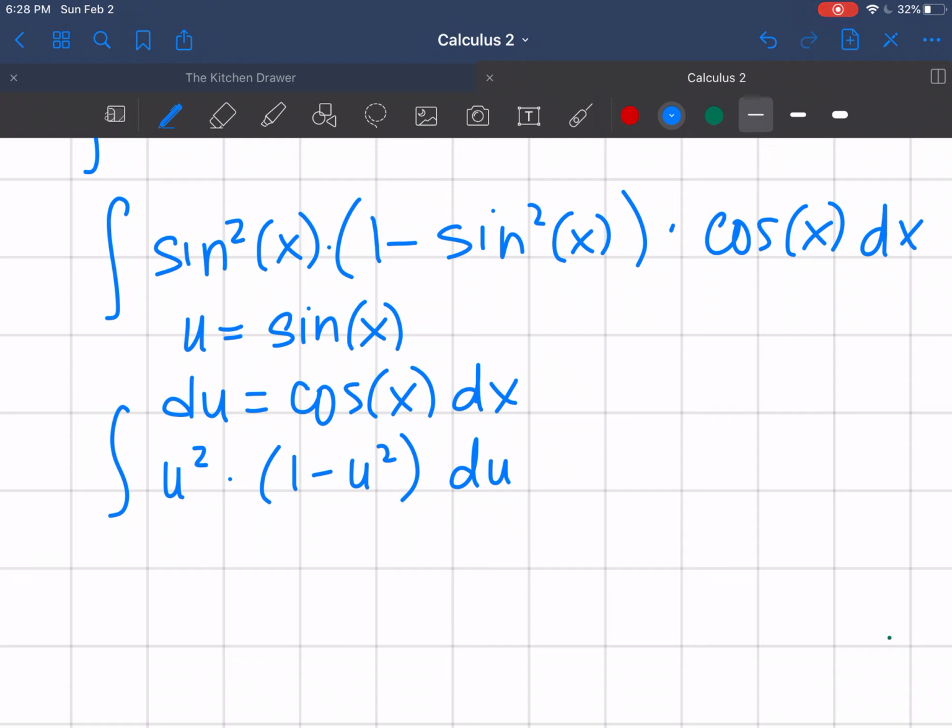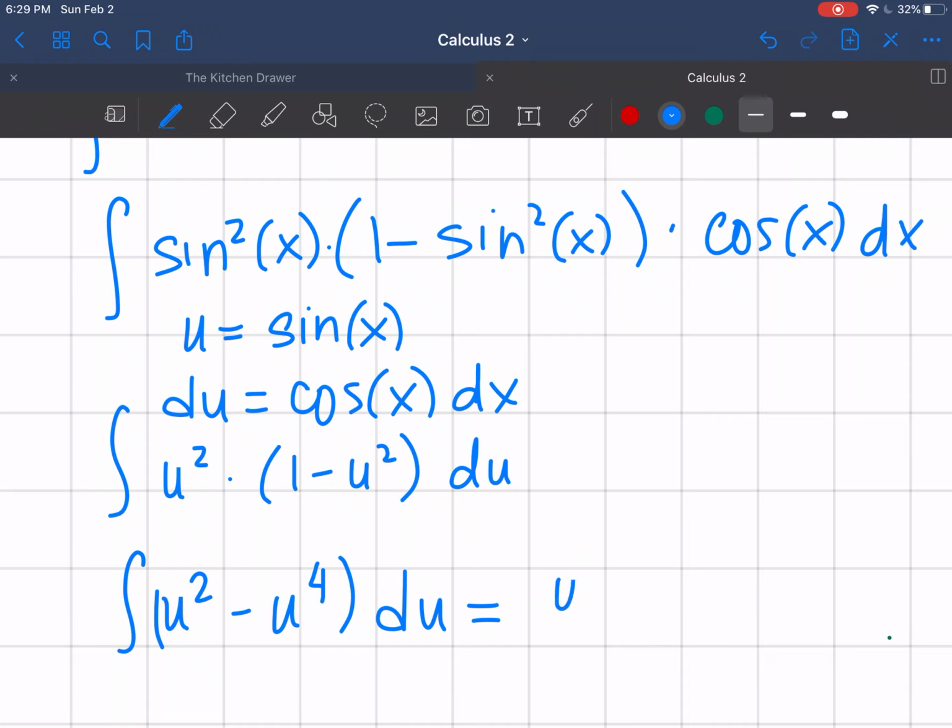So going through it, you can rewrite this. What we're going to do is distribute u squared times 1 minus u squared. So that's going to give us u squared minus u to the 4th du, and we just use the power rule here.